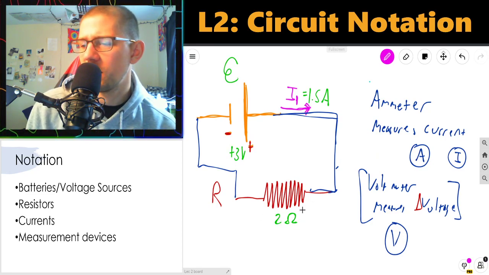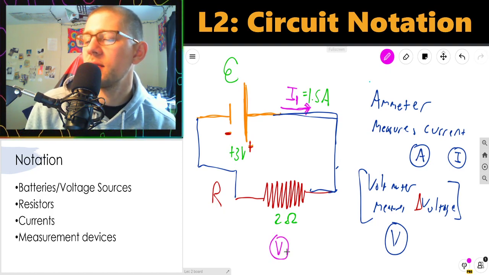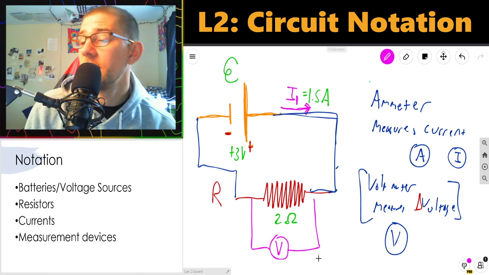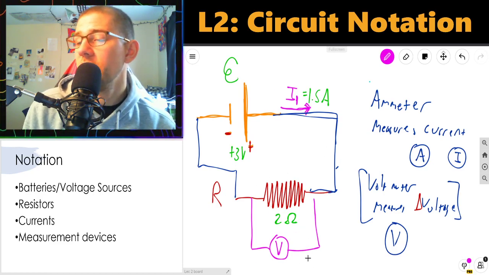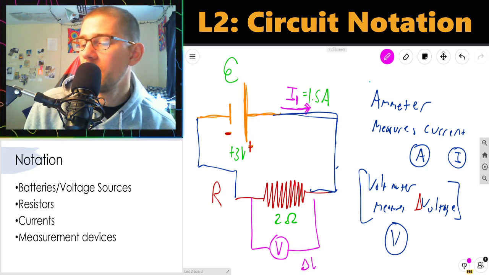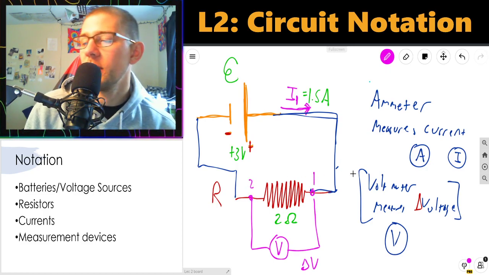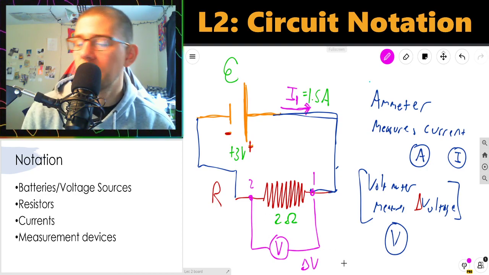Usually you say across. So I measure the voltage across this resistor by hooking up my voltmeter on opposite sides of it. I would see a voltage drop, a change in voltage, a delta V, associated with the difference in voltage between these 2 points, point 1 and point 2. This is comparable to how in fluids we would apply the Bernoulli equation between 2 points. It's analogous to a pressure difference between 2 points.